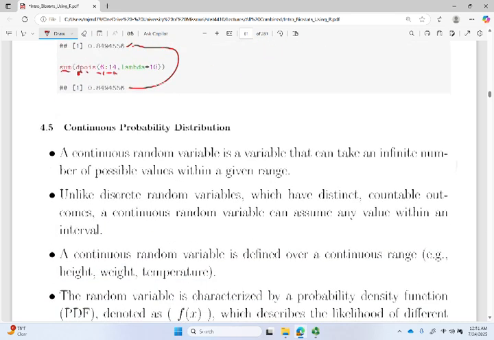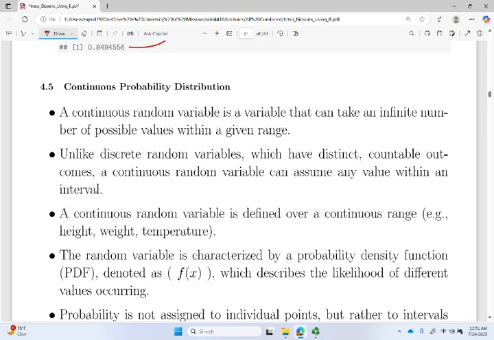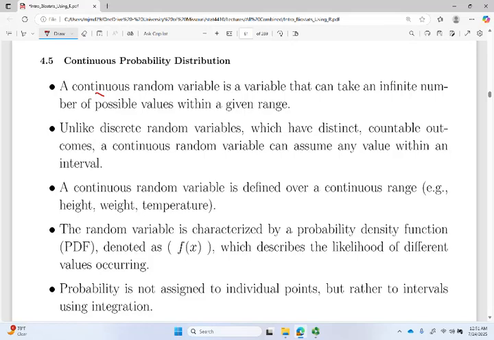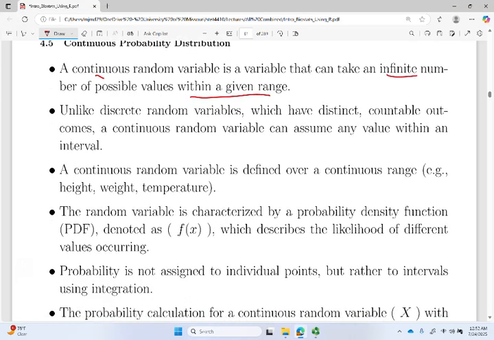Now, let's jump to continuous probability distributions as opposed to a discrete distribution, which we were looking at in the previous section. A continuous random variable is a value that takes on an infinite number of possibilities within a given range. Sometimes the range is all real numbers. Sometimes it's an interval between A and B, for instance.